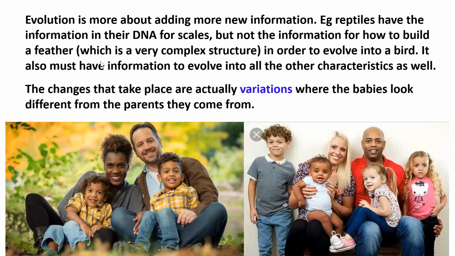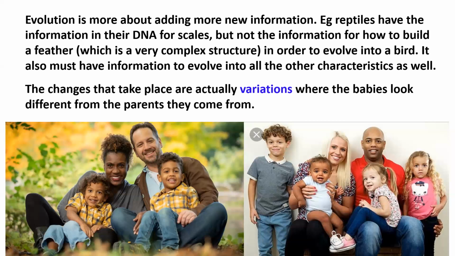It also must have information to evolve into all the other characteristics of a bird as well. Okay, so that means it really needs a lot of information, for example, for a reptile to evolve into a bird. The changes that take place are actually variations, right, within the kind of animal.